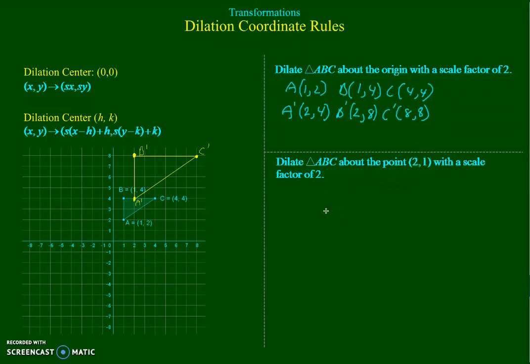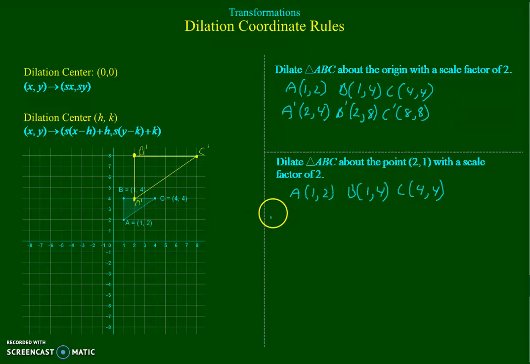First thing I want to do is write down my points. Now, organization of work is a very critical thing. So I'm going to put point A as (1, 2), point B as (1, 4), and point C as (4, 4). Now, we're going to do the dilation about (2, 1).